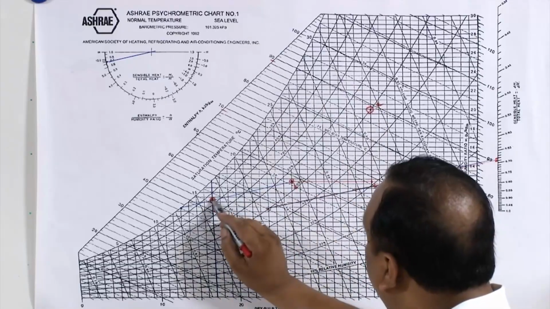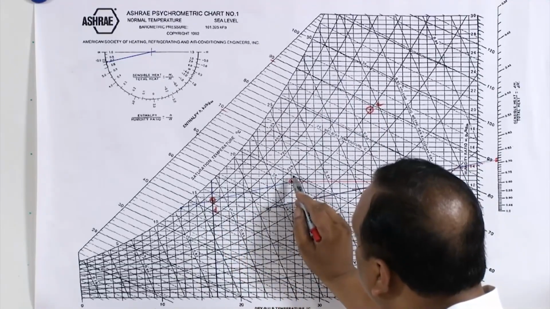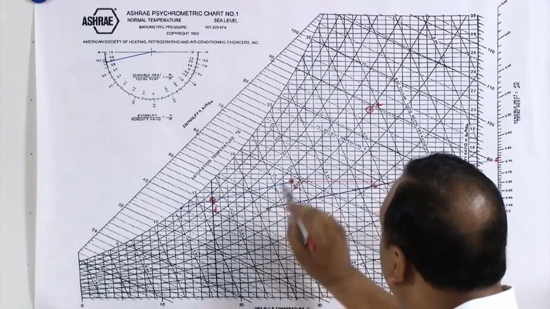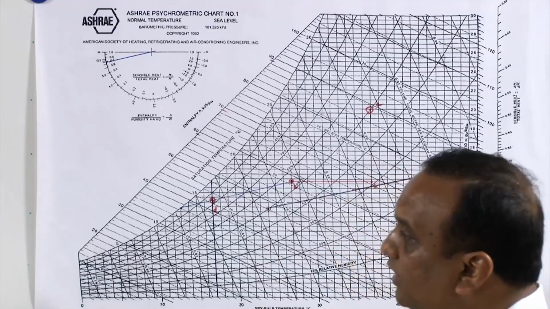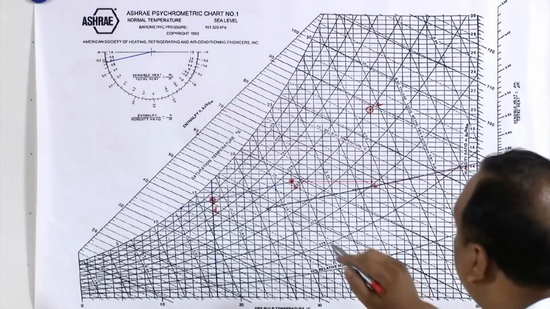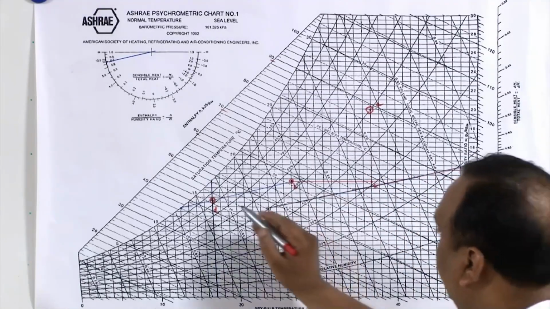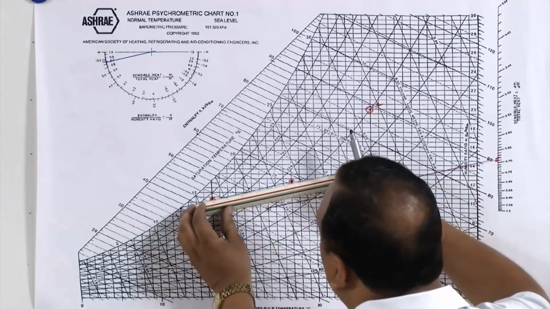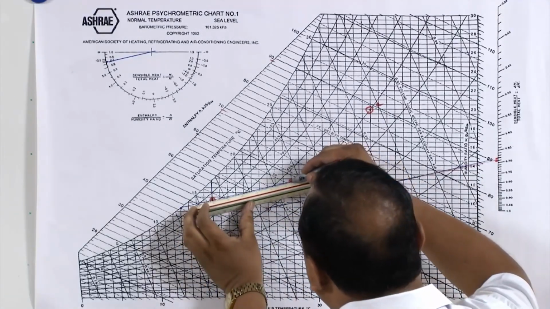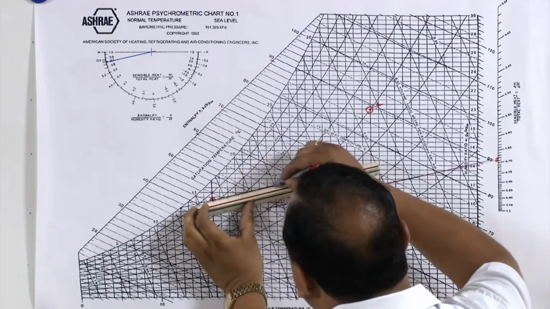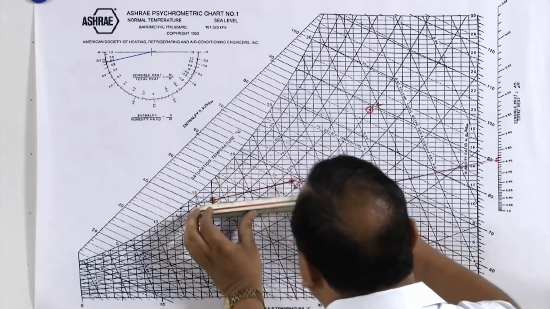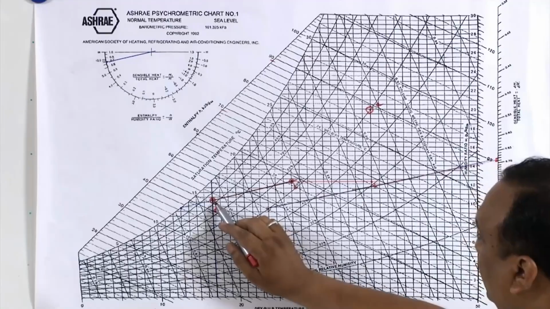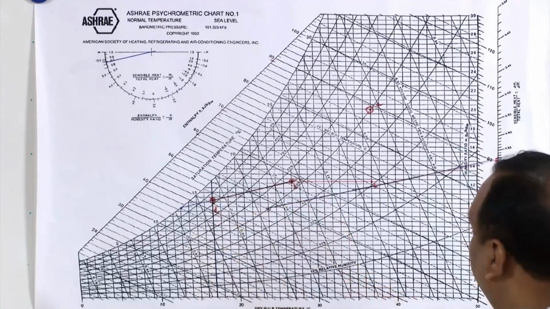Air is entering the room at this state, that is approximately 85%, and it is leaving the room at 27 degrees centigrade dry bulb temperature and 55% relative humidity, and this is the load line. This line is known as the load line. All the heating load in the room is taken away by this air.